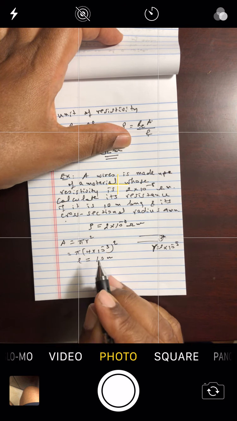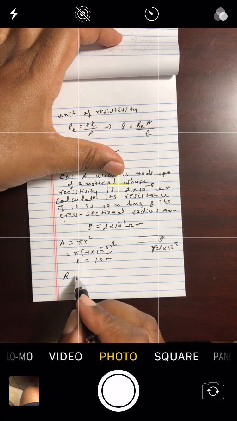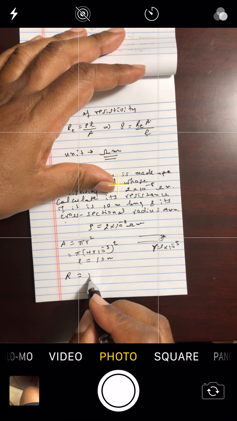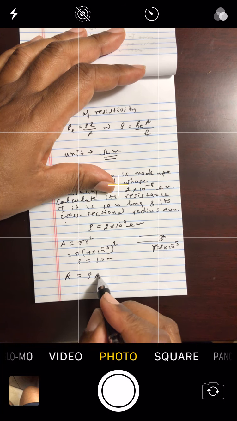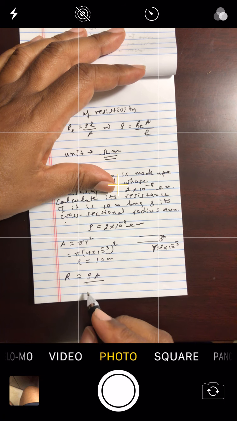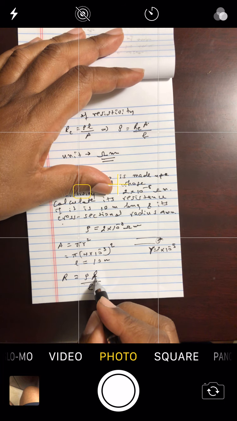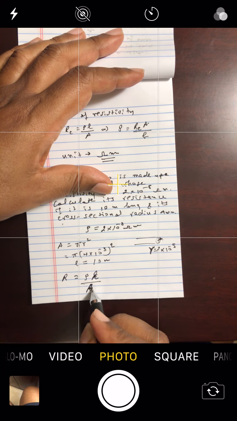All right, so we can calculate the resistance. Resistance equals resistivity times, no, I'm sorry, length divided by the area.